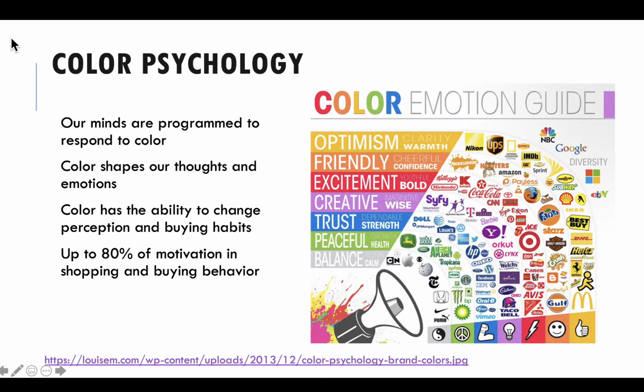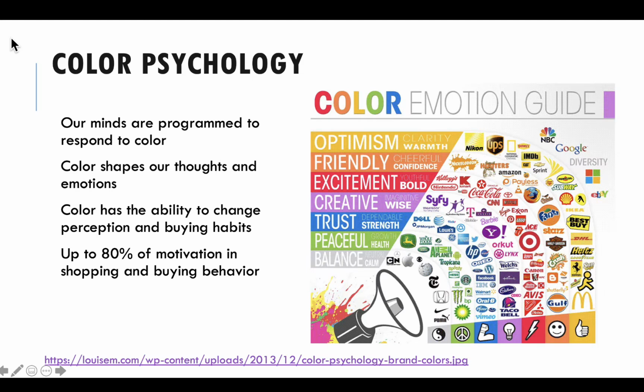Well, the reason is something called color psychology. As human beings, our minds are programmed from a very young age to respond to colors based on the colors that are used in society. You probably have the same favorite color M&M that you've had since you were young.